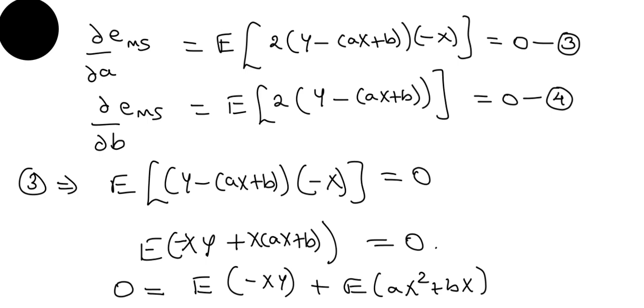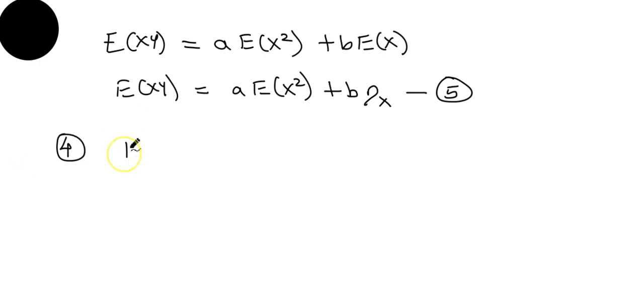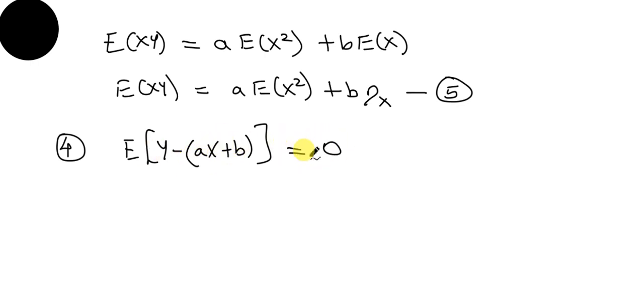Actually, when we go back to the previous slide, it will imply the expectation of y minus ax plus b is equal to 0. So this is the expectation of y minus ax minus b equal to 0. This will give me E of y equal to a into E of x plus b.